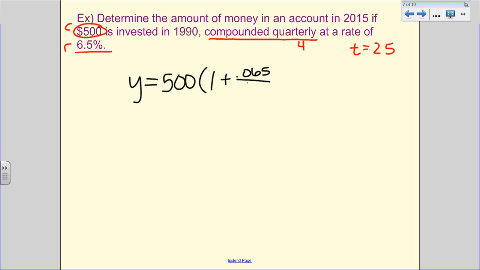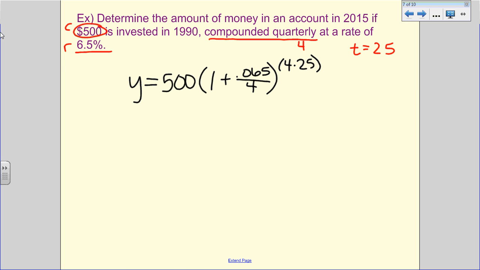And then my exponent is going to be 4 times 25. I put parentheses around that because depending on what type of calculator you have and what mode it's in, you're going to have to do that 4 times 25 in parentheses, or actually multiply it out, because 4 times 25 is a pretty easy problem to do in your head.